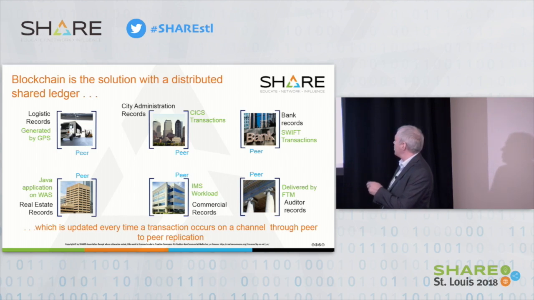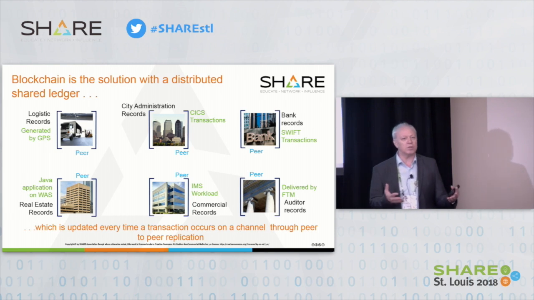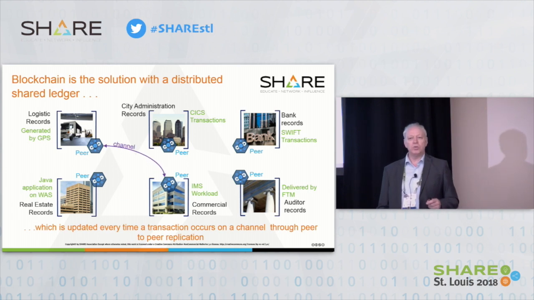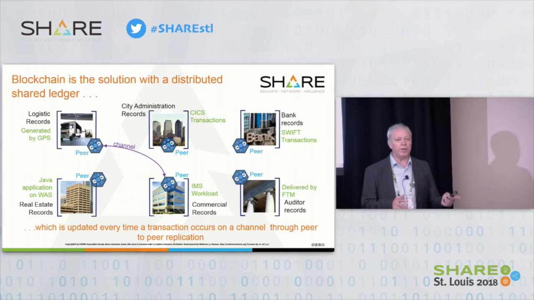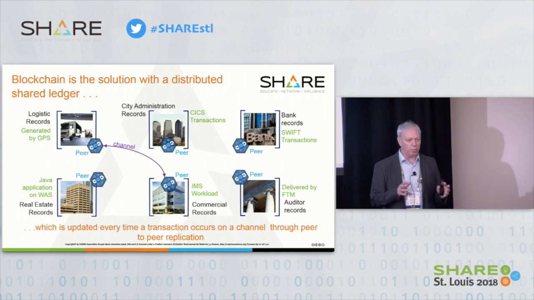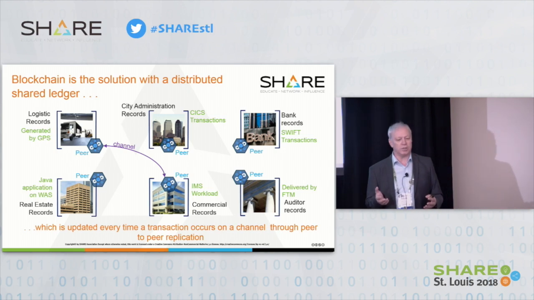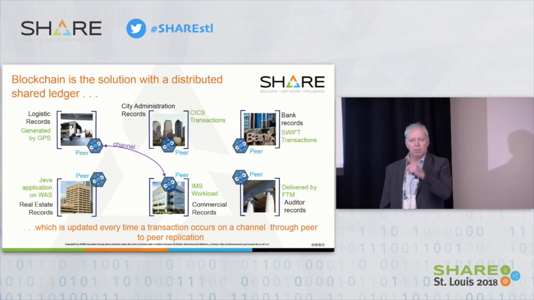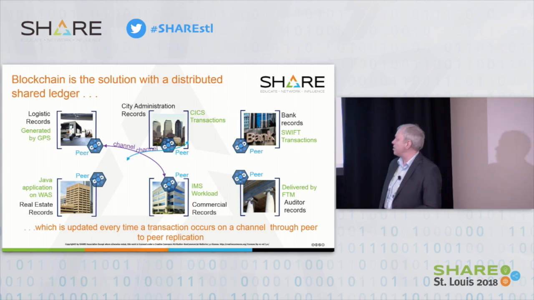The bank is doing SWIFT transactions based on a certain transactional system. With a shared distributed ledger now, we use so-called channels between the different peers in the blockchain to make transactions. So the transactions are not made as general blockchain transactions. They are made based on a channel.